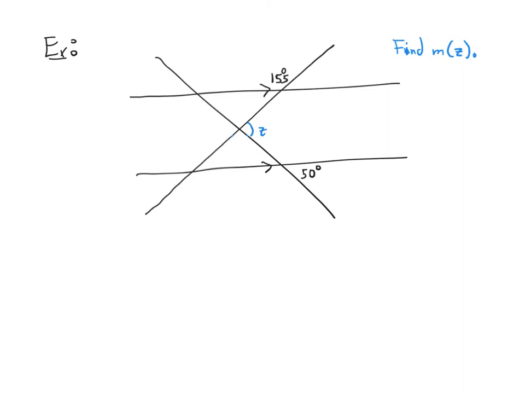Okay, so let's come up with a plan of attack just like before. So I notice first of all that I do have another set of parallel lines. That is good. Whenever I have parallel lines, I know I can use that parallel X rule. So there's a good chance I'll be using that somewhere. I note that this angle z isn't part of any triangle or anything like that.